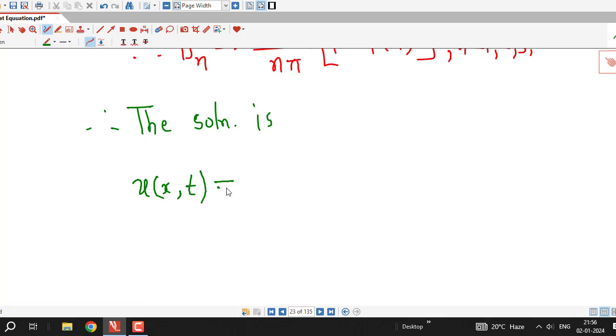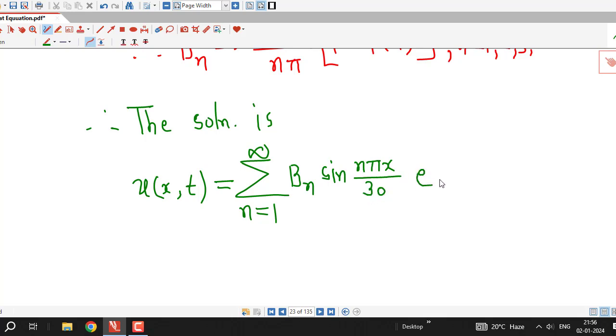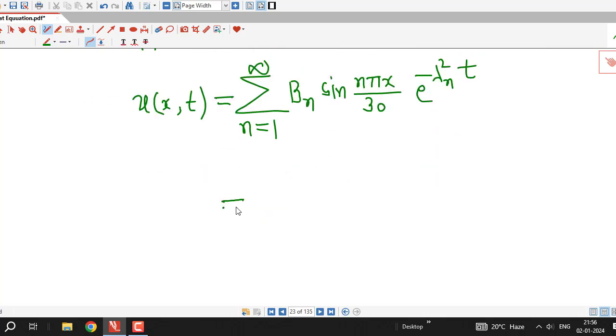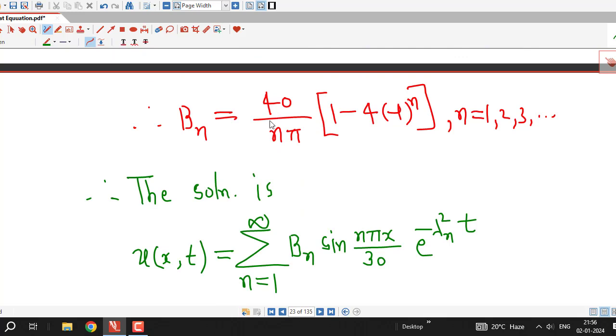U of x, t is given by sigma n equal to 1 to infinity Bn sin n pi x over L. L is 30 here, e raised to minus lambda n square times t, and Bn is given by this 40 over n pi, 1 minus 4 into minus 1 raised to n.